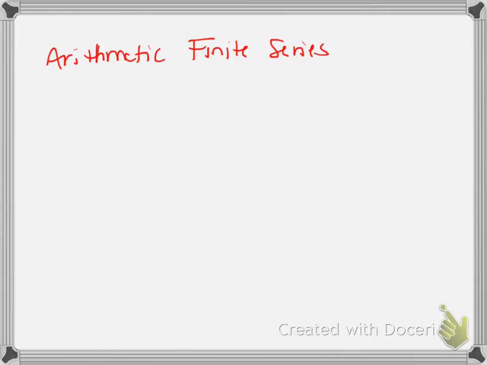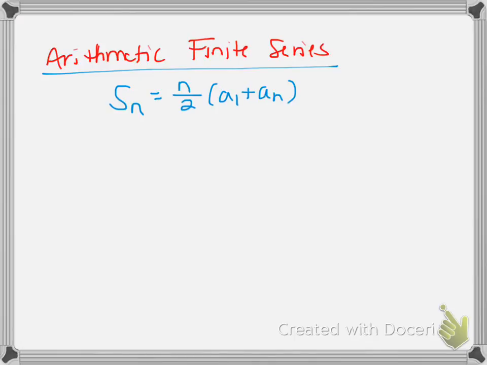Now there's a formula you need to know, and this formula says that if I want to find the sum of a certain amount of terms in an arithmetic finite series, this is the formula. Now I'm going to show you tomorrow, there is a process, and I'll show you where that formula comes from. But for now, I just want you to know how to use the formula. N is the number of terms that you're looking at, or that you're going to add together.